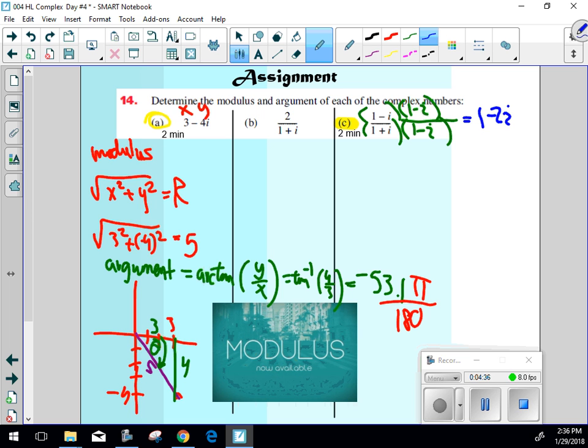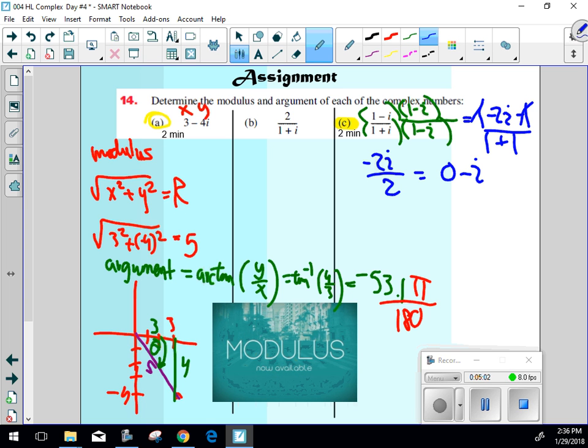And then minus I times minus I is going to be negative 1, all over 1 times 1 is 1. Middle terms drop out. And then minus I squared will be plus 1. So these will cancel. I get negative 2I over 2, which is what? 0 minus I. Does that help a little bit?